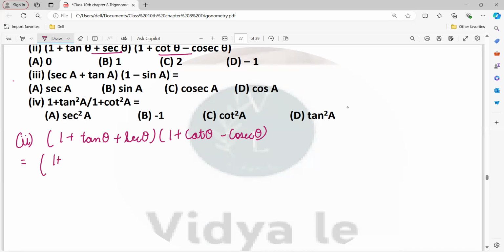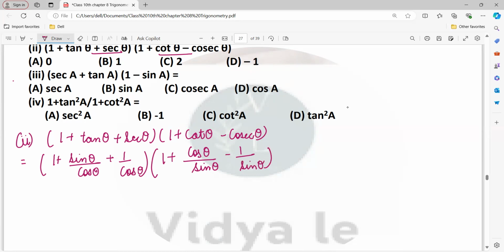We know that tan is equal to sine upon cos and secant is 1 upon cos. So we'll write sine theta upon cos theta as the value of tan theta and 1 upon cos theta for secant theta. Similarly, we'll substitute the values of cot theta and cosecant theta. Cot theta is equal to cos theta upon sine theta, and cosecant theta is equal to 1 upon sine theta, right? Now, we will simplify both the terms.